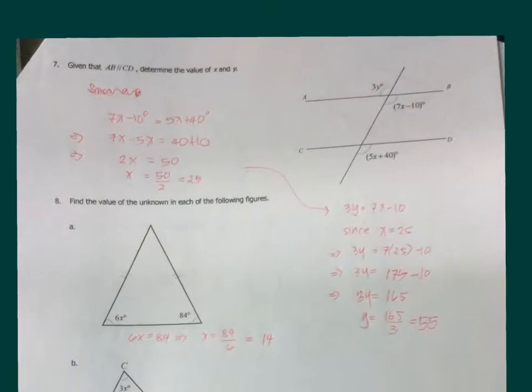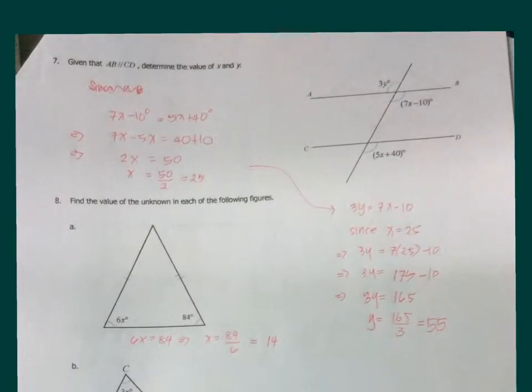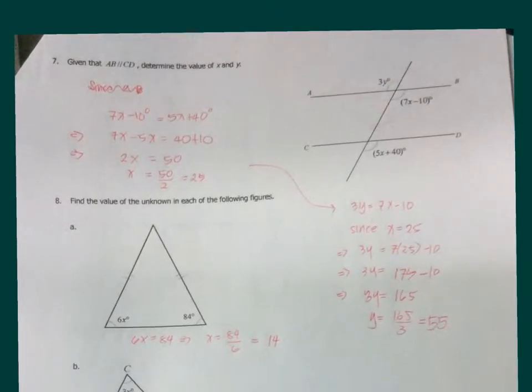Okay, so let's look at number 7. In number 7, you are given that AB is parallel to CD, and we want to find the value of x and y. Since we are given two parallel lines, and there's a third line cutting the two parallel lines, you need to know the relationship of the angles made here.